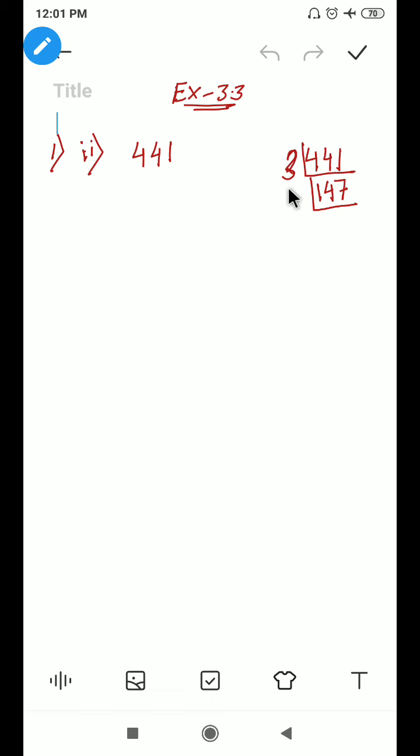If you divide 14 by 3 you get 4 here and 9, and this will go with 7. 7 times 7 is 49. So you get the numbers 3, 3, 7 and 7.